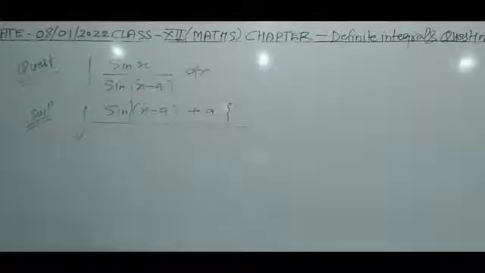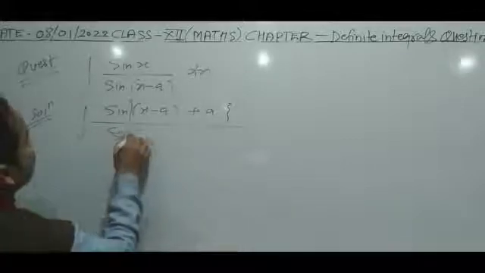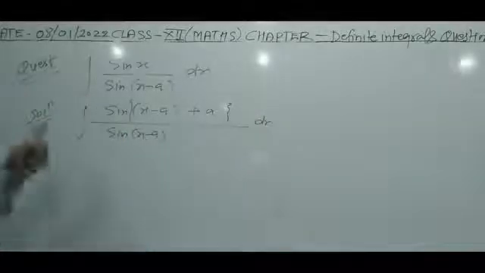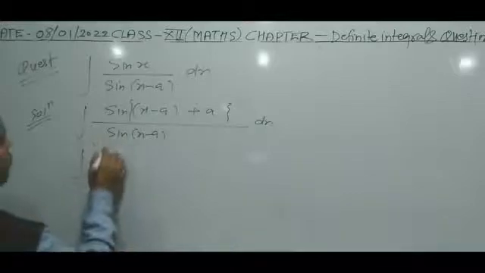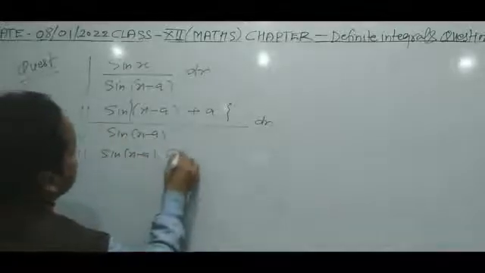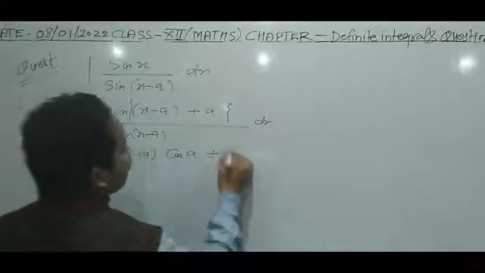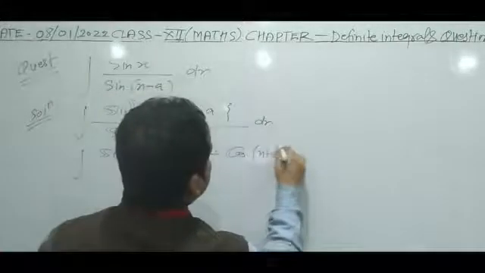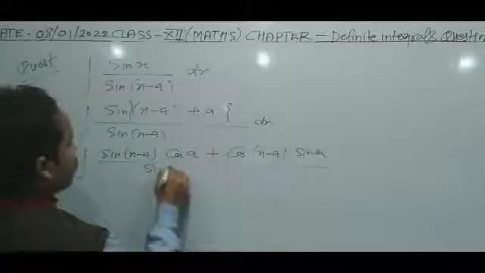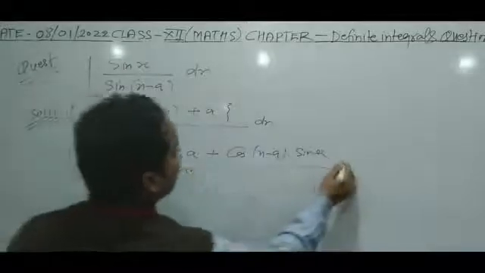This one we can write as the whole upon sin of x minus a dx. Now we can split the numerator. After splitting the numerator, the result will be sin of (x minus a) cos of a plus cos of (x minus a) into sin a, and whole upon sin of (x minus a) with dx.